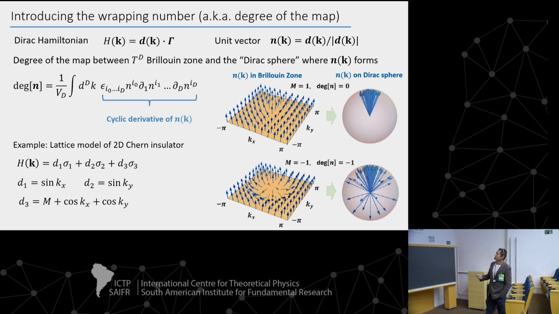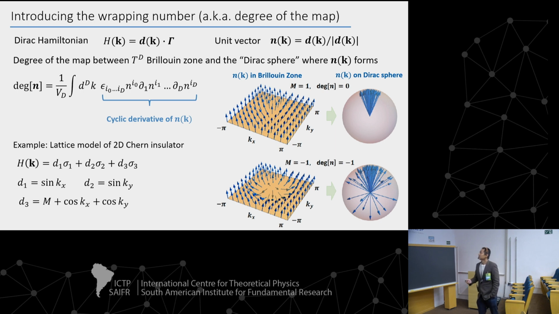Whereas in this topologically non-trivial phase, the parameter m is negative, so you see that in the center you have this blue vector pointing downwards. If you shrink the base points of all these vectors together, then some of them will be pointing upwards and some of them pointing downwards. If you use this wrapping number to calculate it, then you see that the Brillouin zone wraps around this Dirac sphere once.